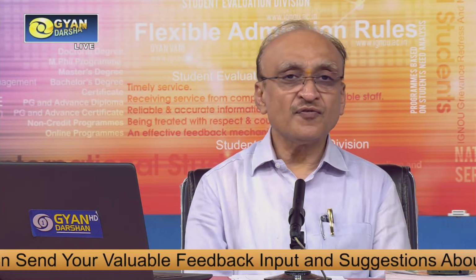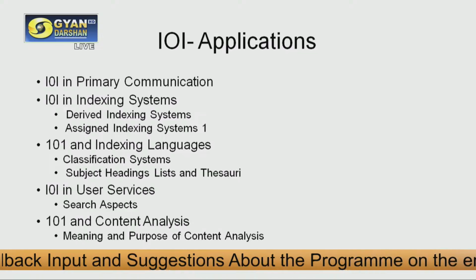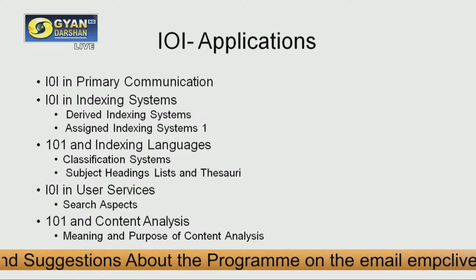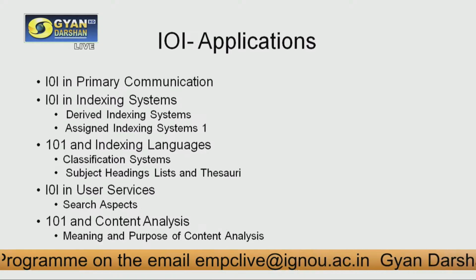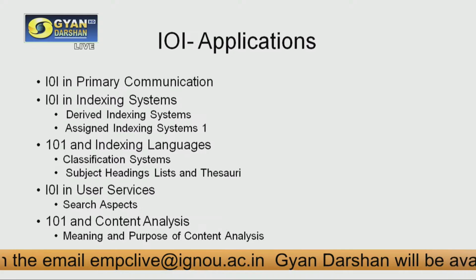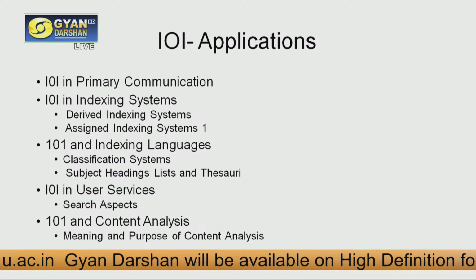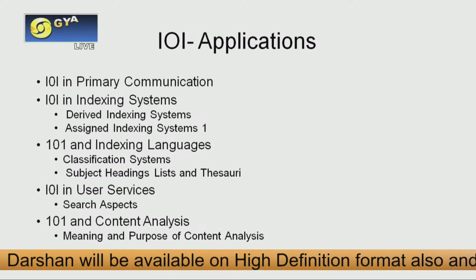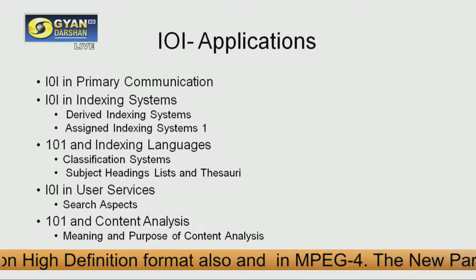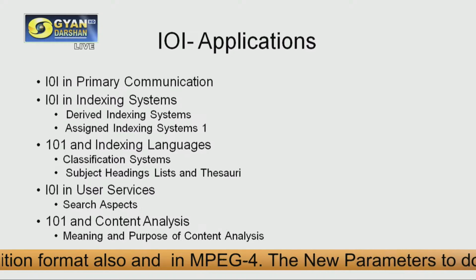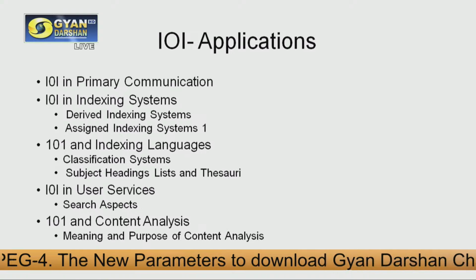Similarly, when you talk of its use in indexing systems, it finds a use in indexing systems. Whether it is derived indexing or assigned indexing, you need intellectual organization of information. You use machines, computers, technology, but a person who designs such systems, his intellectual input is an important part of any indexing system.